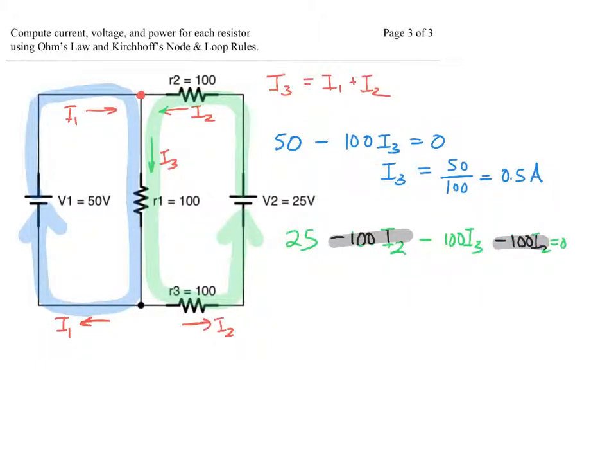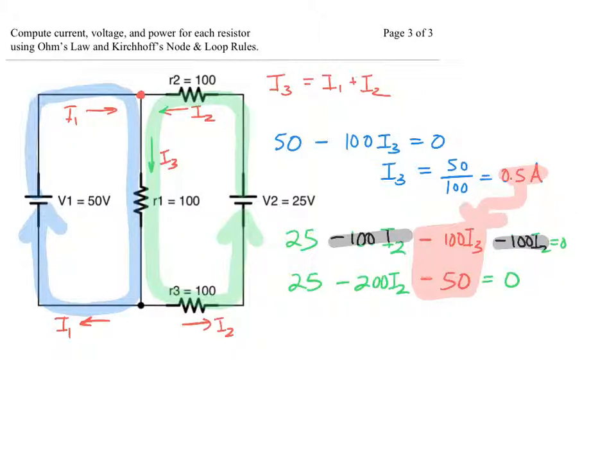And so we'll have 25 minus 200 I2 minus 50 equals 0, because this right here is just a minus 50, because we already know that this 1/2 amp will go into that value for I3.